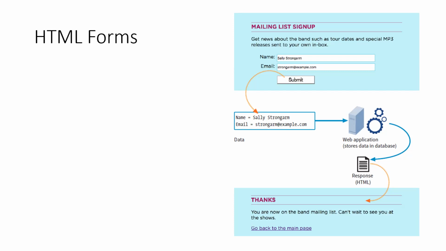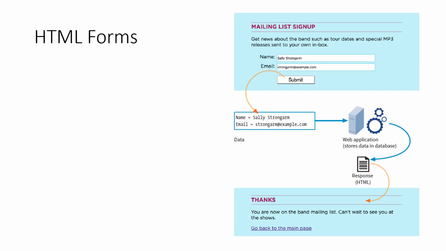So first of all, in this particular example, there is a visitor, Sally. She enters her name and information, puts in her details and clicks the submit button, and then the browser collects this data and sends it to the web application.